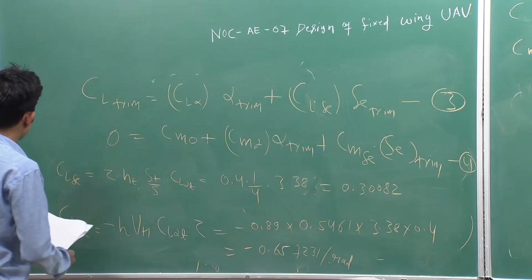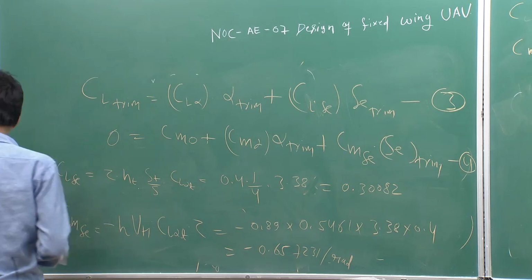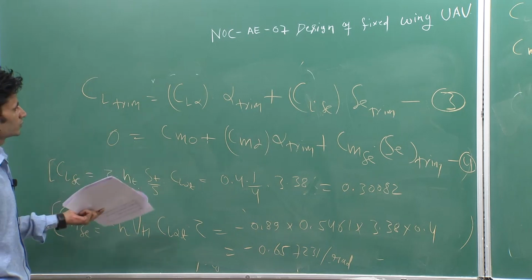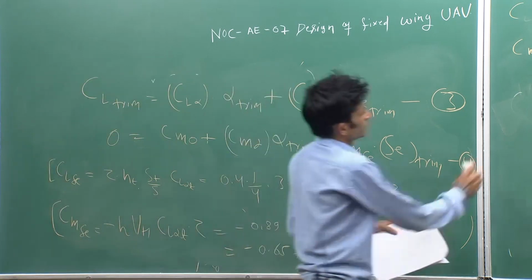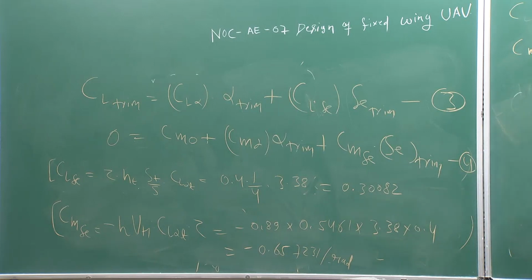So you know CL delta E, you know Cm delta E. So you have two equations, two unknowns, you can solve easily. But if you write equations 3 and 4 in matrix form, then it will be very easy to solve. So let's write equations 3 and 4 in matrix form.